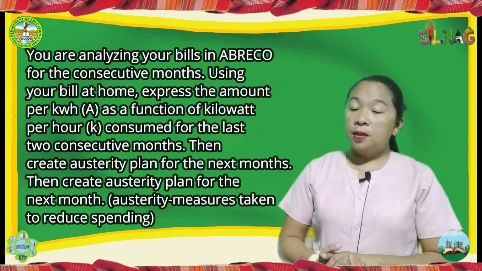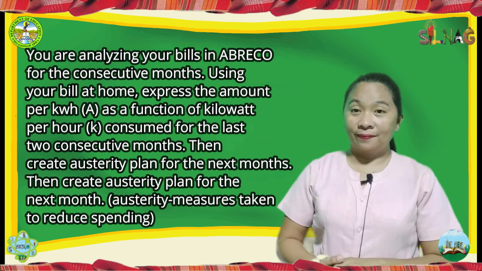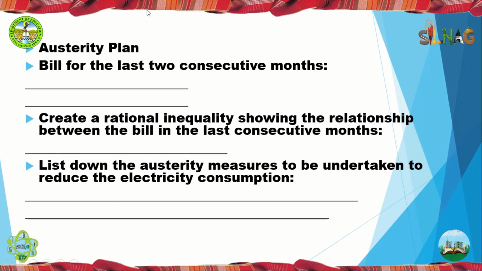Austerity means measures taken to reduce spending. So this is the austerity plan. Your bill for the last 2 consecutive months. Then create a rational inequality showing the relationships between the bill in the last consecutive months. And then list down the austerity measures to be undertaken to reduce the electricity consumption.